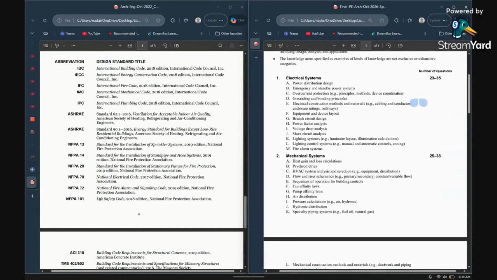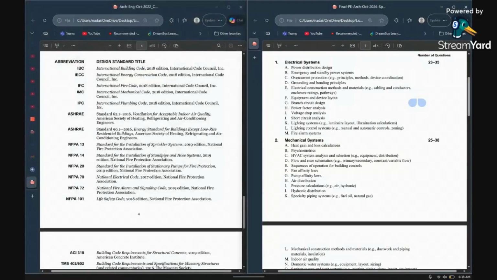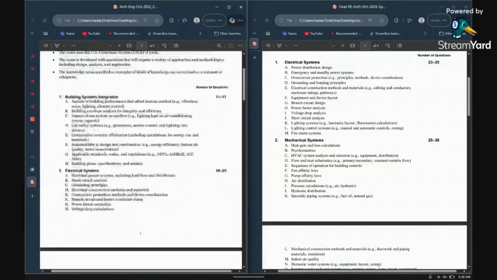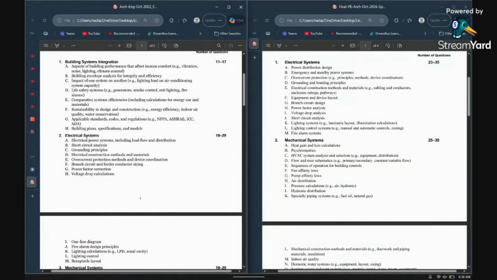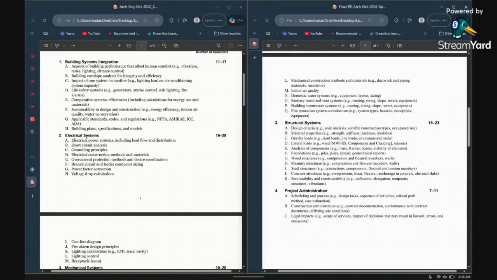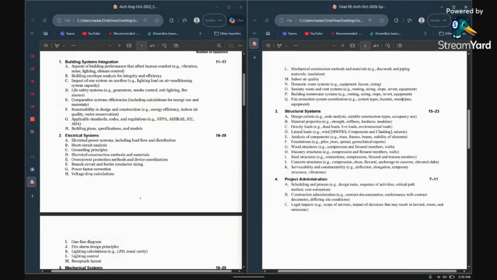So, one of the major things that has changed is that there is no building systems integration called out in the 2026 exam specification. Instead, we have 23 to 35 questions for electrical systems, 25 to 38 questions for mechanical systems, 15 to 23 questions for structural systems, and the same 7 to 11 questions for project administration.